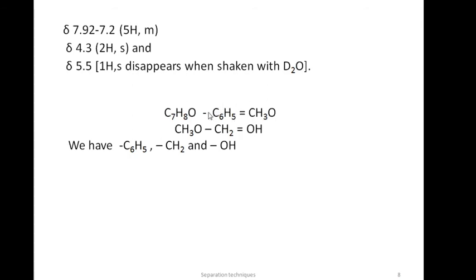So we got one particular part of the molecule. Second, you have delta value 4.3 corresponding to 2 protons, which means it should be a CH2 substituent. From the remaining molecular formula, you remove CH2, you will get OH. So we have C6H5, CH2 and OH from this NMR.